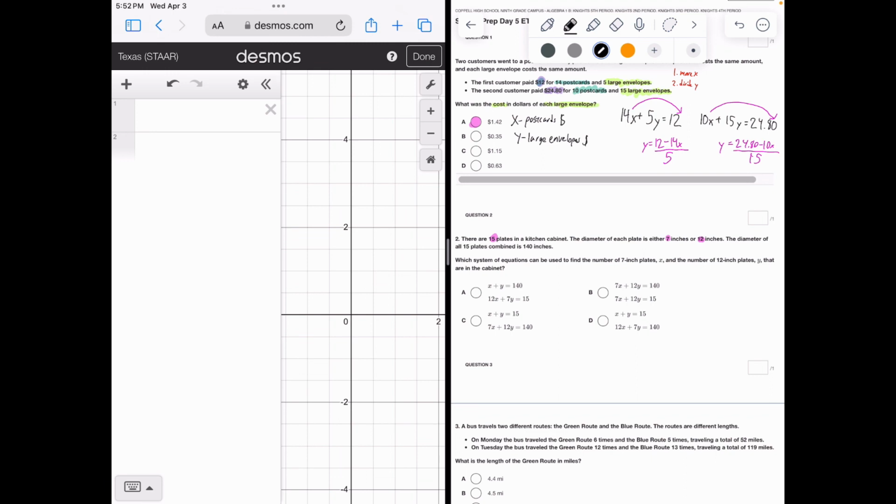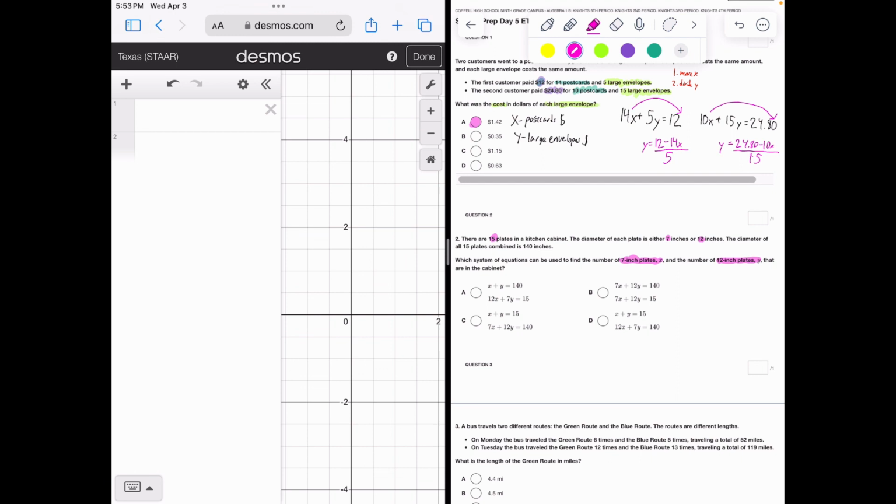And down here on the second line, it tells me that we are going to use X for the 7-inch plates and Y for the 12-inch plates. If they tell you in the question what your X and what your Y is, we're going to use that. So X, 7-inch plates, and Y, 12-inch plates.